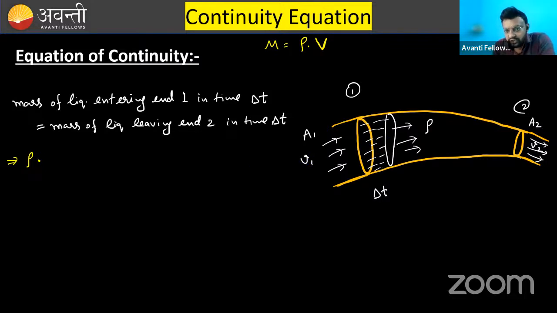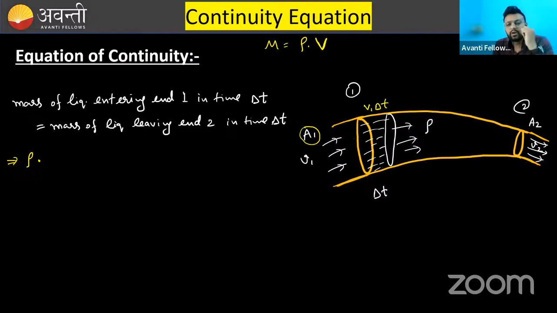This is the cylindrical portion now. For the volume of this portion, the area of cross section is A1, and the length is what? The speed of the liquid is V1 and the time is delta t, so this distance is V1 delta t, since distance is equal to speed into time.